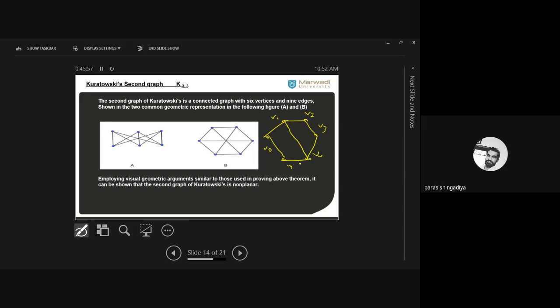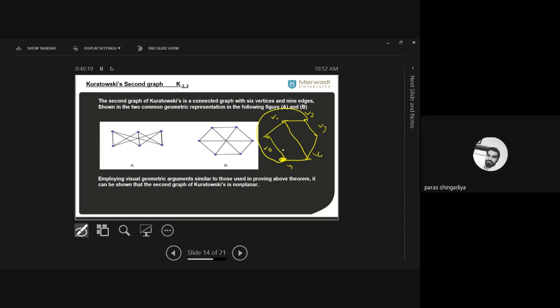So there is only one choice, the outside. Clear? We can connect V2 and V5 outside the boundary only. If we connect inside, it will cross the inside edge. That is the explanation of this second case.